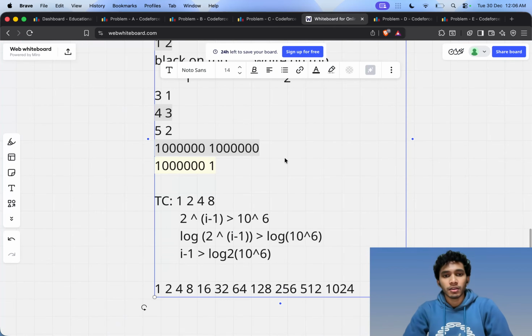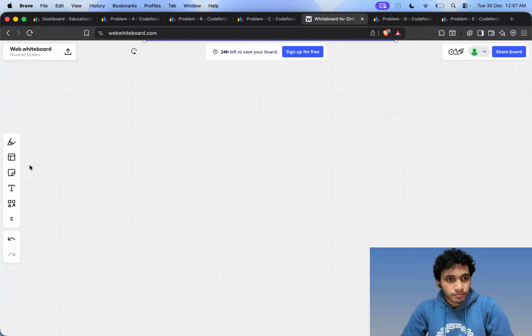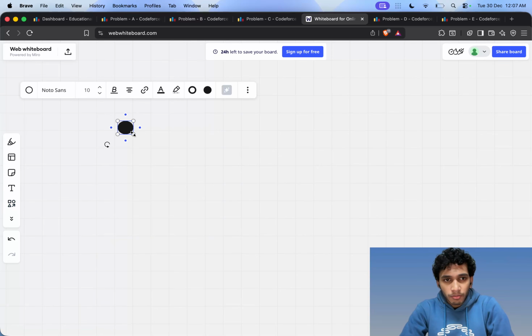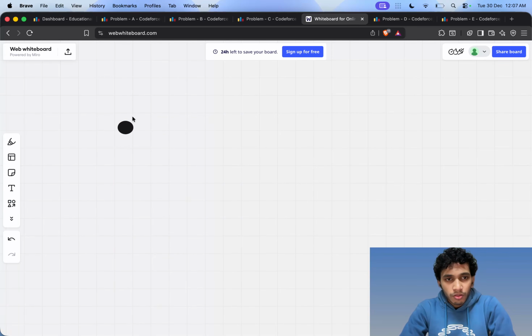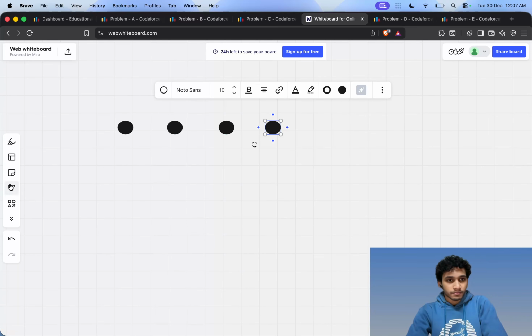What does this mean? Okay, let's visualize what it means. So these are some snowballs. Black just means that these are for head. These are cyclic.